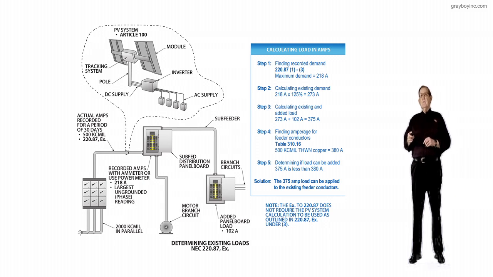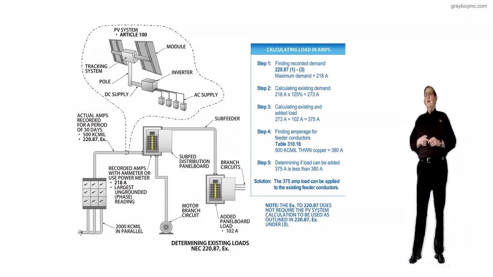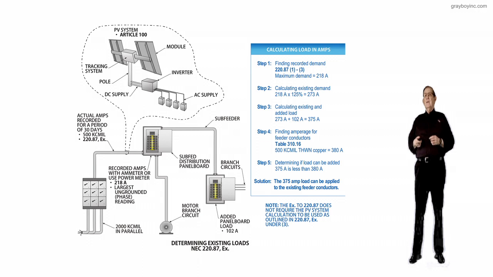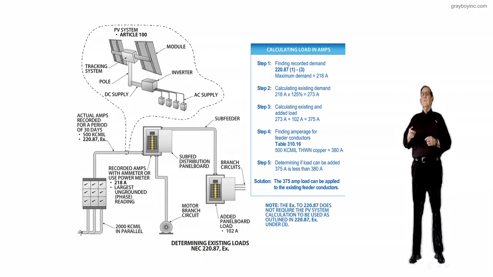So we are told to take 125% of that, which is 273 amps. We take the 273 amp that we calculate there and add the 102 that's been calculated according to continuous, non-continuous, etc., if that needs to be done. And then notice that 273 plus 102 comes up to 375.